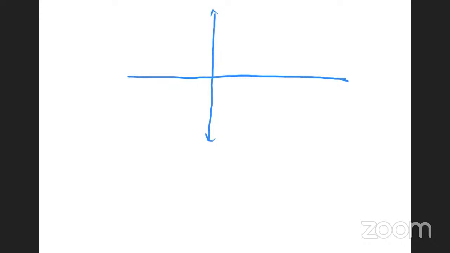You need a foci again, right? You need a foci again. And I need one last thing called the directrix.